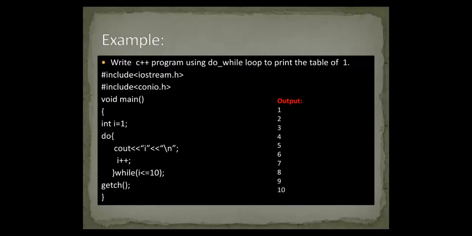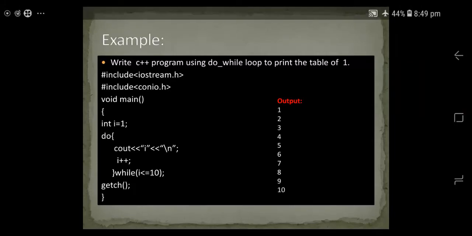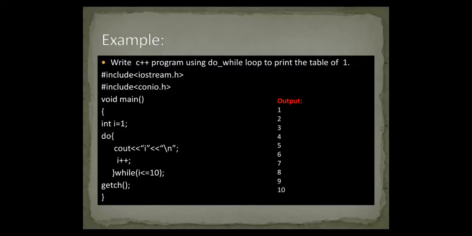And then while I is less than or equal to 10. Now once it will execute, I means 1, so it will print 1 and then it will increment the value of I, so now the I value becomes 2, then it will check the while condition. Since I is not greater than 10, the condition is true, so again it will go to the do and print the number, that is 2.